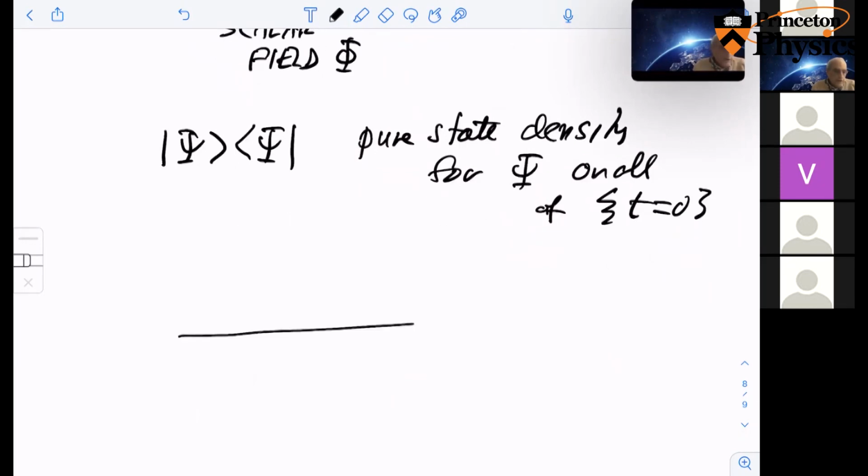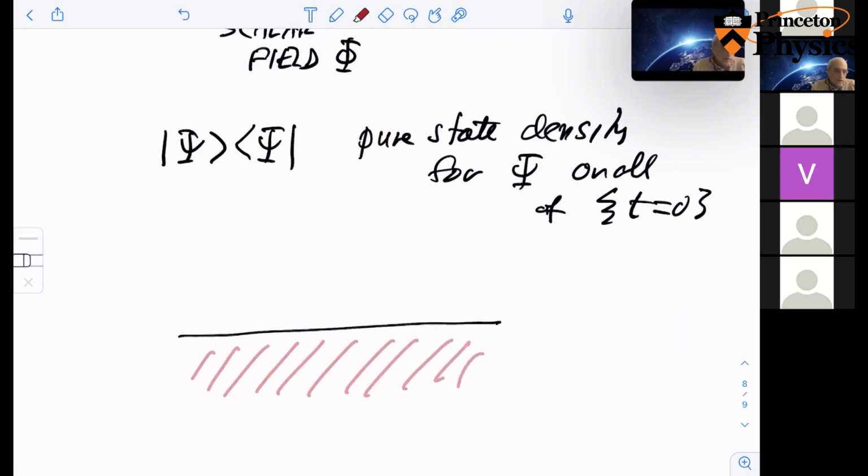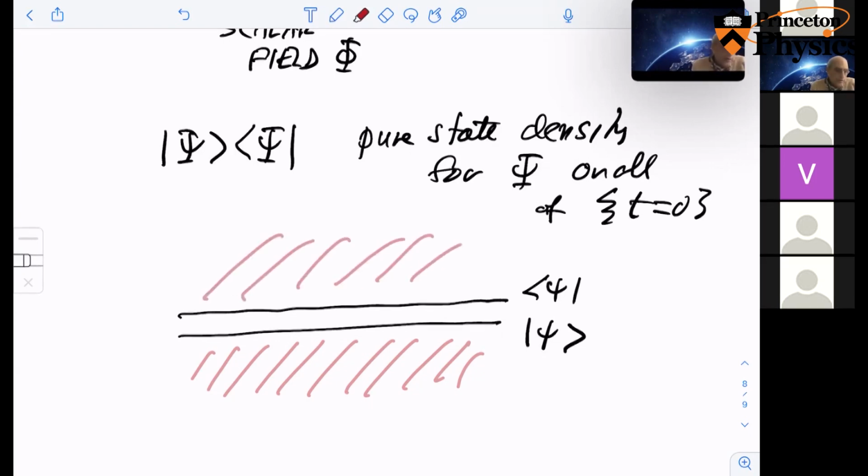Namely, as I just said, we use a path integral on the lower half plane to compute the ket psi, but likewise, a path integral on the upper half plane will compute the bra.